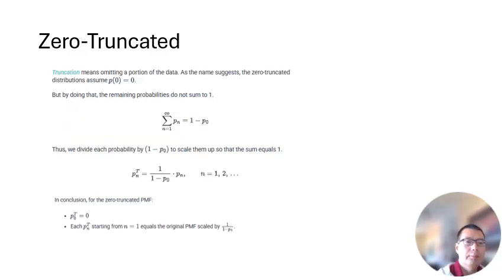Now let's talk about zero truncated. Truncation means omitting a portion of the data, as the name suggests. The zero truncated distribution assumes P0 equals 0. By doing that, the remaining probabilities do not sum to 1.